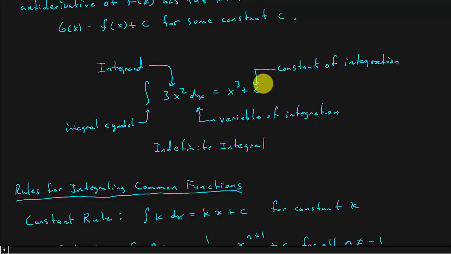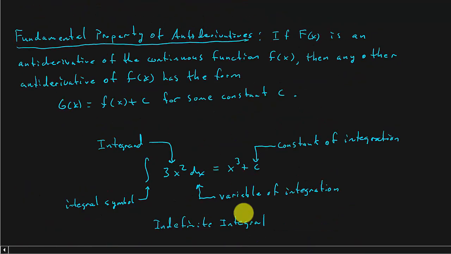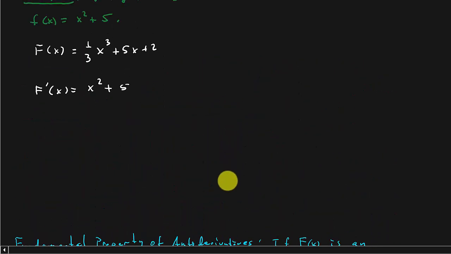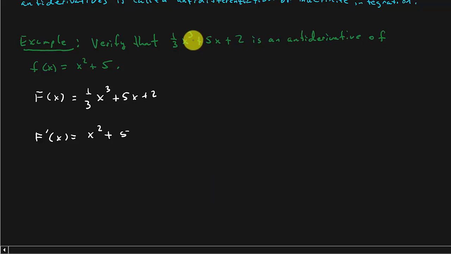If you find the antiderivative of a function, there are many, many antiderivatives to that function. If you look at this, you agree this is an antiderivative to this function: x squared plus 5.